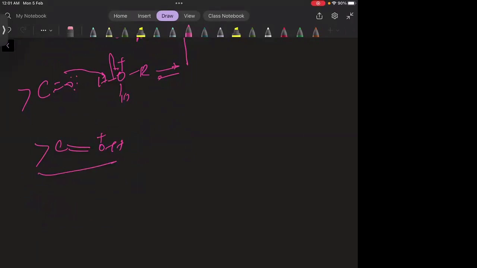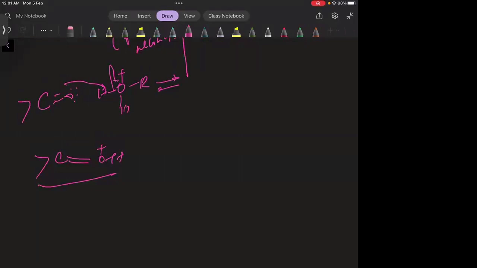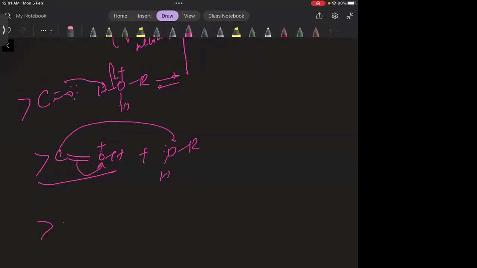So the purpose of acid is to make the carbonyl compound too much electrophilic. So now we have the OH, R. This alcohol will attack on the carbon and the bond will break like that. Then it will form O, H, R and OH.